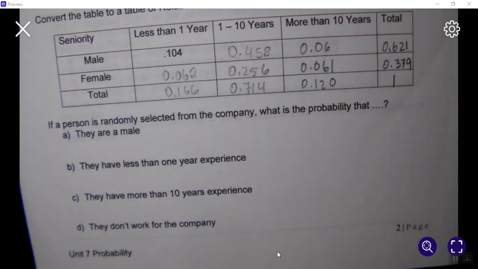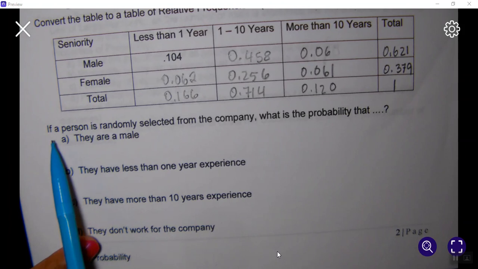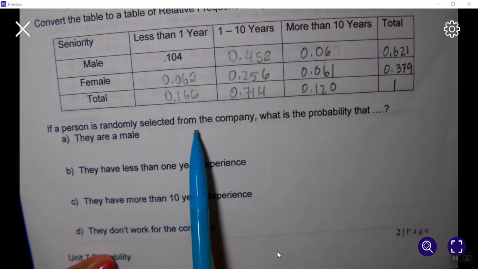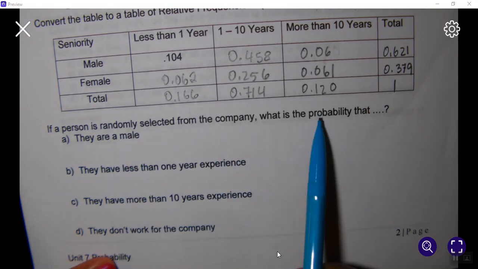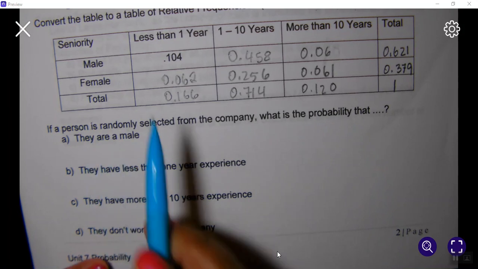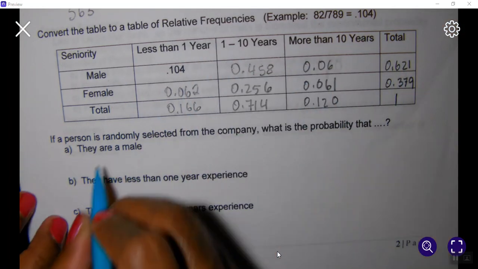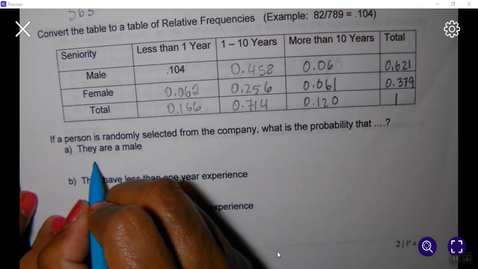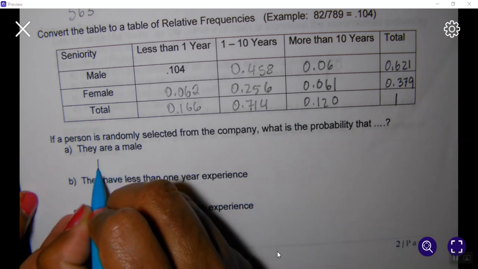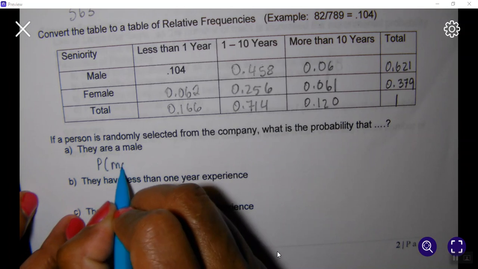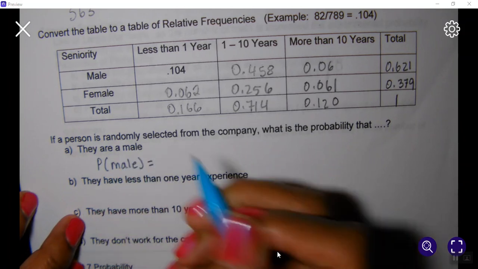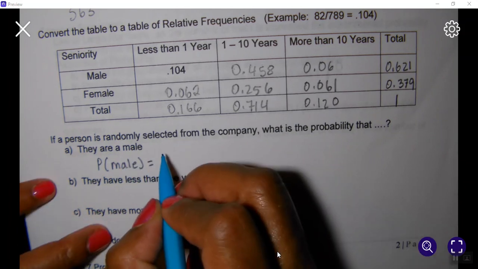Each of these events. So let's say if a person is randomly selected from this company, what is the probability that they are a male? Well, the probability that they are a male is right here. Probability that they are a male is equal to, there's a couple of ways we can write this.